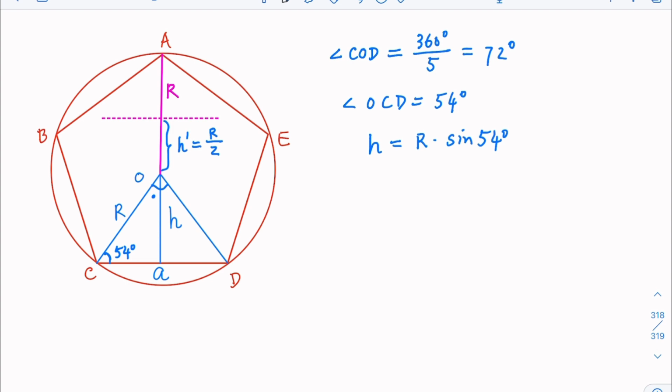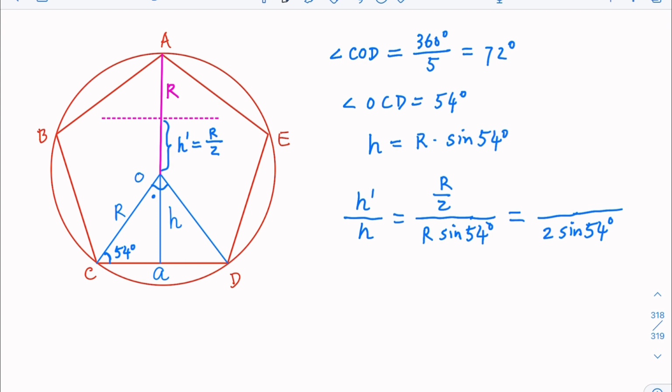So the ratio here of the new H and the old H is going to be the ratio of R over 2 over R sine 54 degrees, and that equals 1 over 2 sine 54 degrees at the bottom, and R would cancel. Alright?